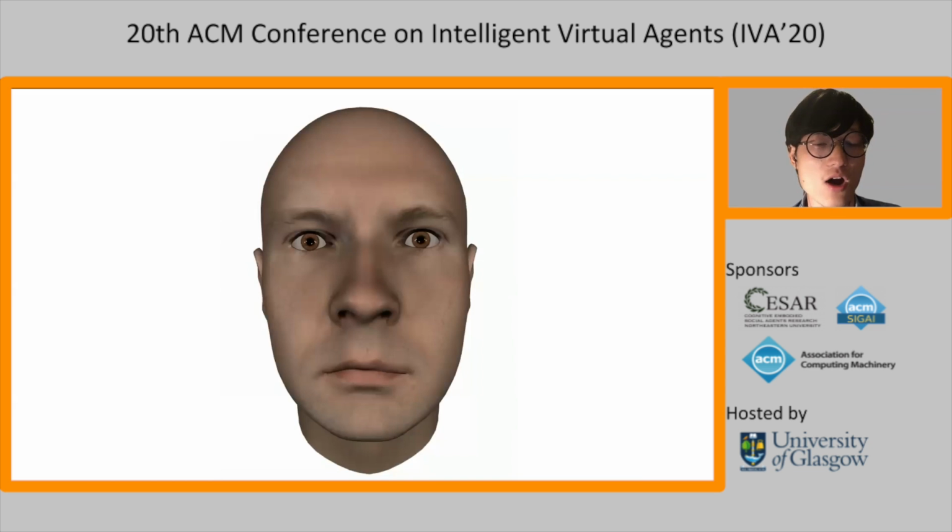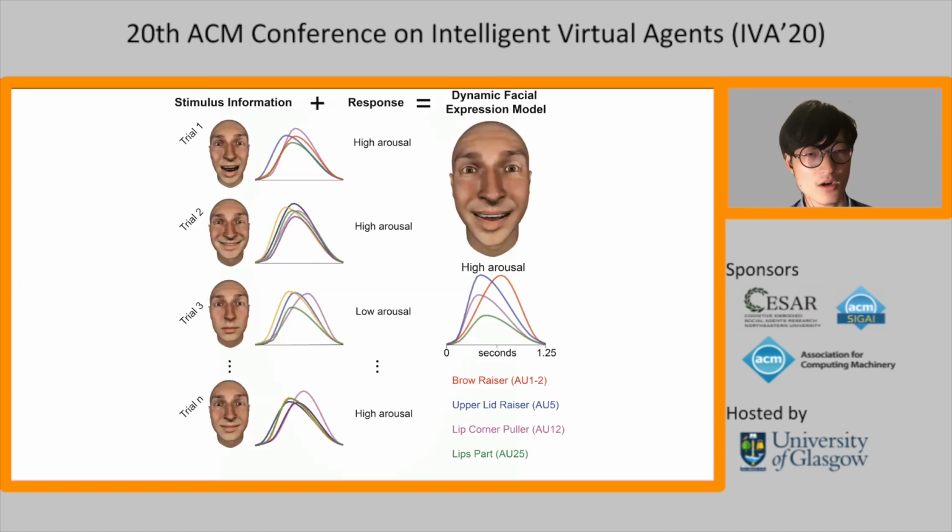Okay, so how do we do the modeling? I will explain this in detail. Firstly, we show a facial expression animation like this one to participants. All of the expression animations are randomized, and we show thousands of these kinds of trials with different dynamic features, and the participants see all the trials and do an affective judgment task.